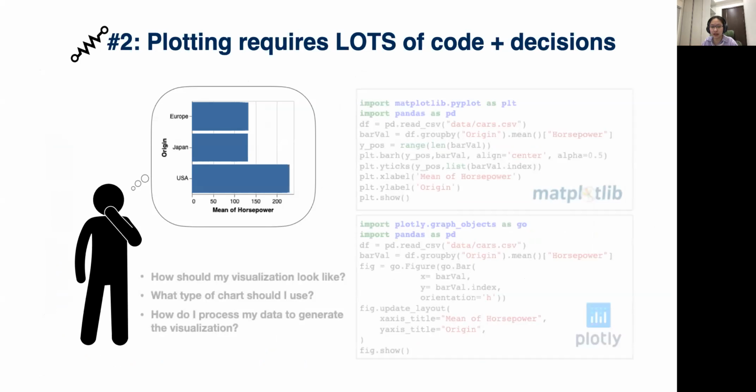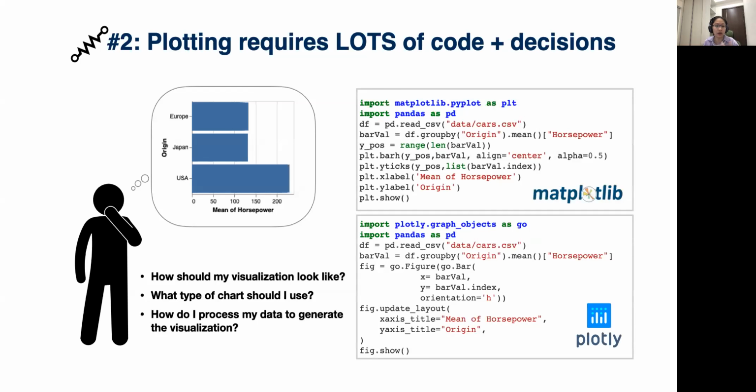The second point of resistance comes from the high effort that is required to visualize data programmatically. Take, for instance, let's say that we are given a data set of cars and we want to plot a bar chart of average horsepower by origin. We first need to think about what the visualization should look like, what graphical encodings and marks we should choose, and how to process that data correctly. We then need to translate all of these specification details into code.